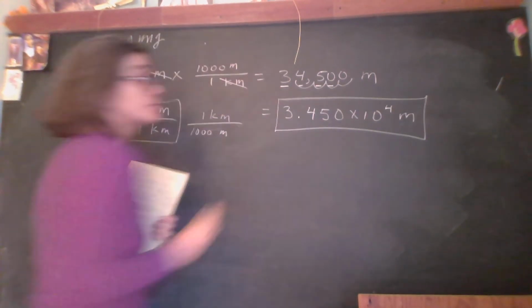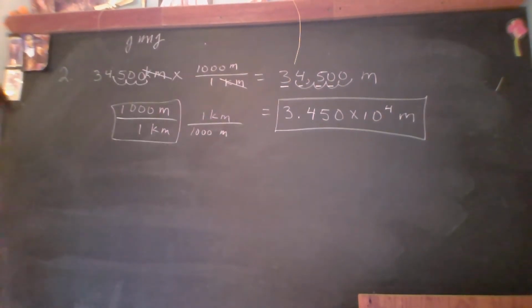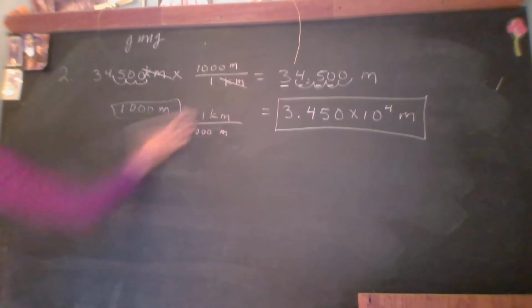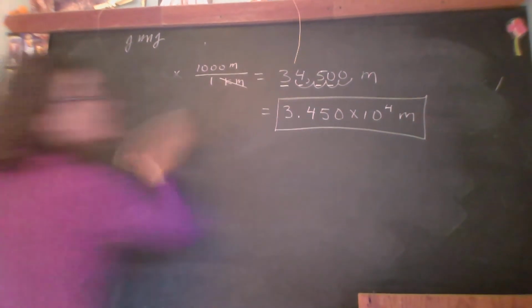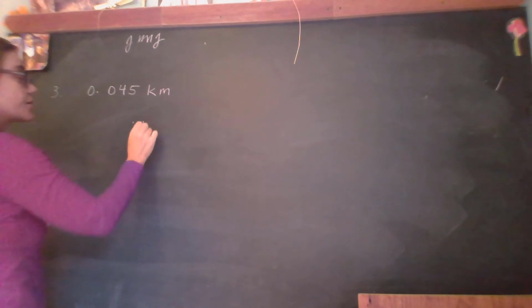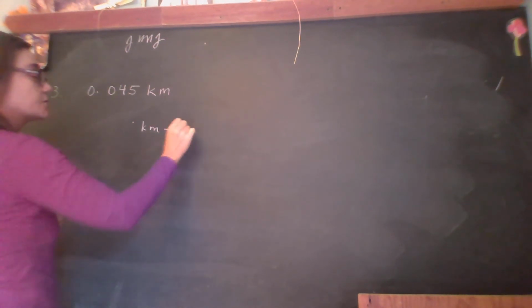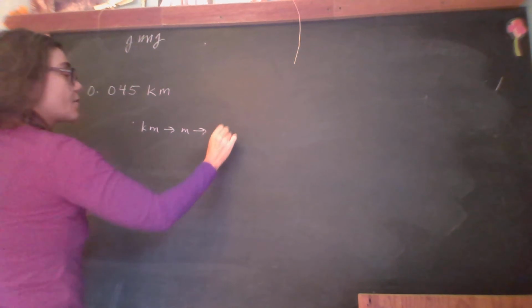Now, number 3. Okay, go ahead. Convert 0.045 kilometers into centimeters. Okay, we're actually going to use 2 conversions. We're going to go from kilometers to meters to centimeters.